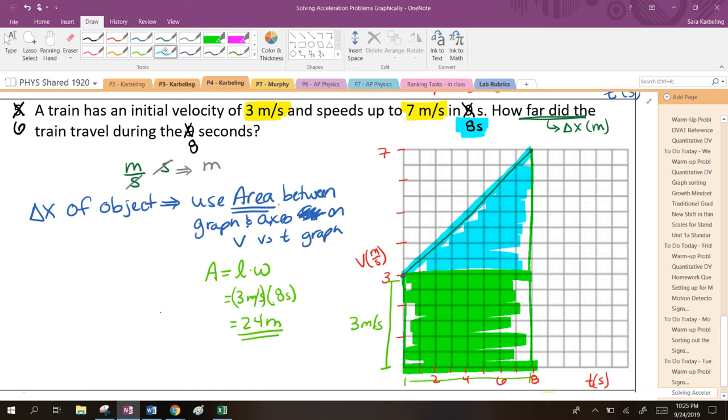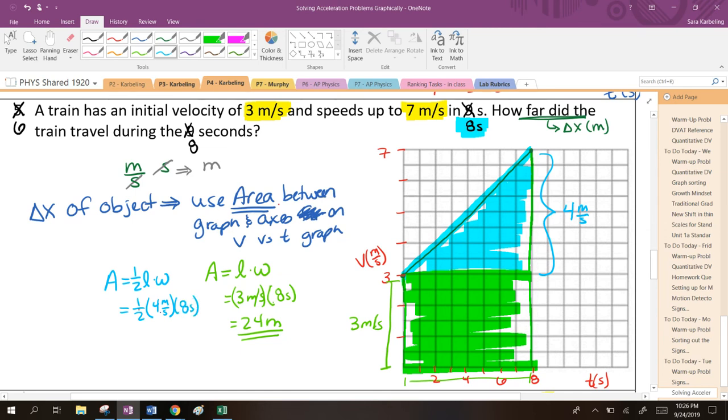So the second part here, we're going to find the area of that triangle. Remember, that's 1/2 length times width, or base times height. The length here is going to be this distance here. That goes from 3 to 7, so that's 4 meters per second. The width is going to be the same as it was, going across the bottom. That's 8 seconds.